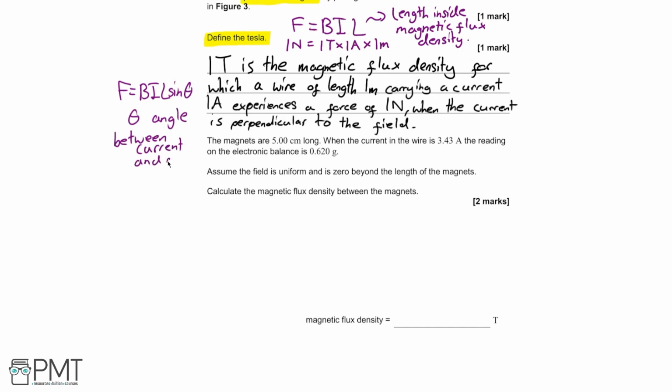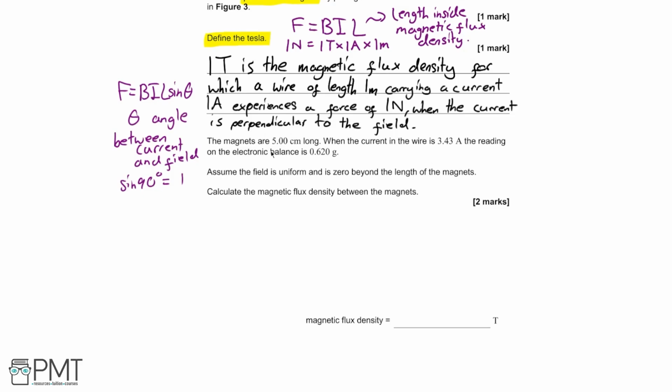Therefore, if the two aren't at 90 degrees, so sine of 90 degrees is equal to 1, then this force will decrease, because for smaller angles between them, sine theta decreases. Therefore, you get the maximum force when the field and the current are perpendicular, and this is incorporated into the definition of the Tesla.